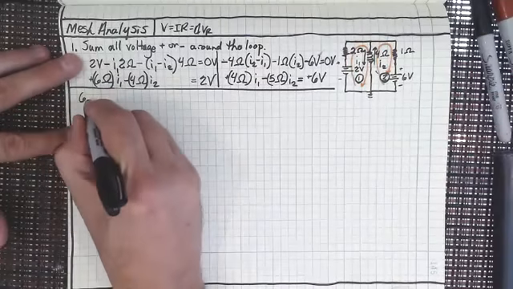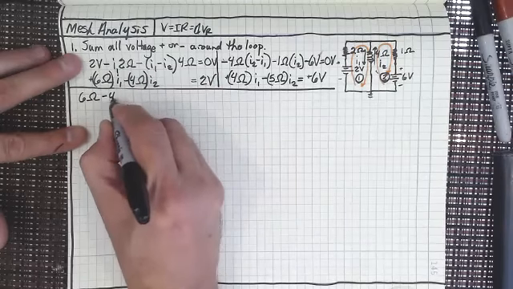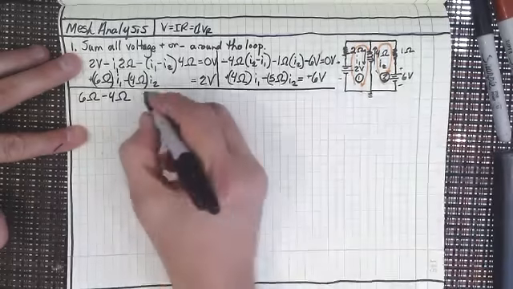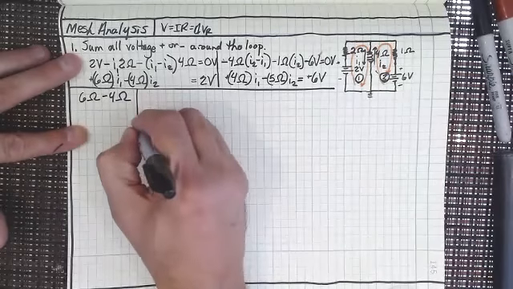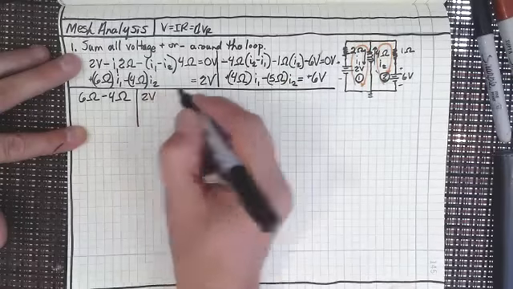Couldn't I say that I have 6 ohms, minus 4 ohms, right? Let's put our solution column down there too, equals 2 volts.